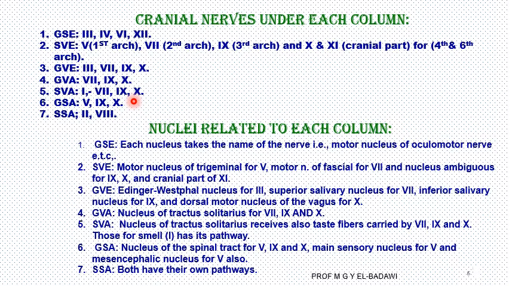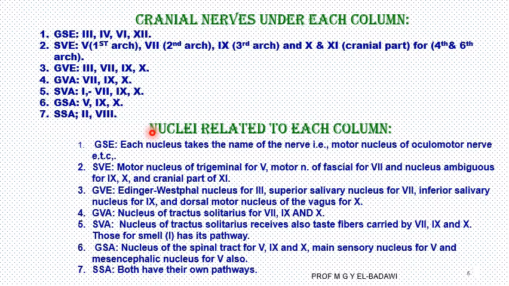So it has 5 functions. That's what I would like you to know from this. The third nerve, for example, general somatic efferent to the eye muscles and parasympathetic general visceral efferent, and so on. Again the trigeminal, special visceral efferent for the first arch and general somatic afferent and so on. So you can find out the function of each cranial nerve from this breakdown.